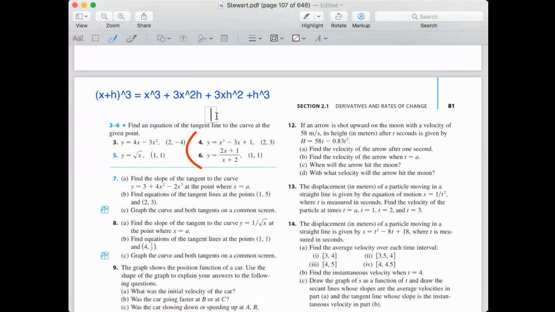So the tangent line to f of x equals, let's use y. My final result was that y equals 9x minus 15. Okay, thank you.